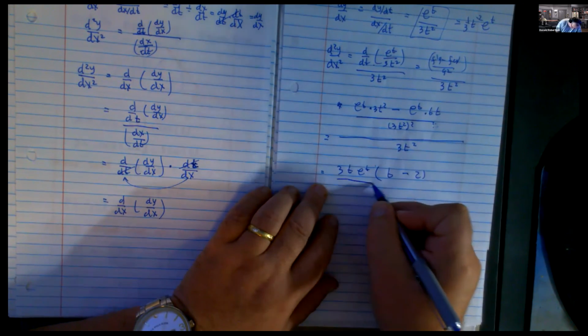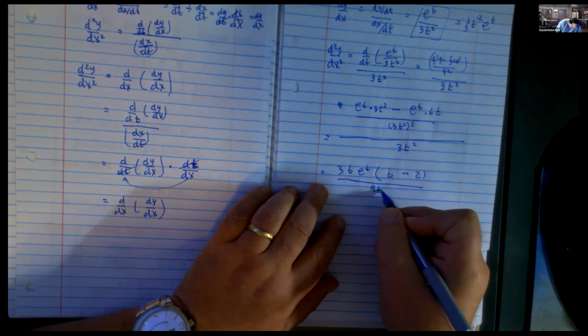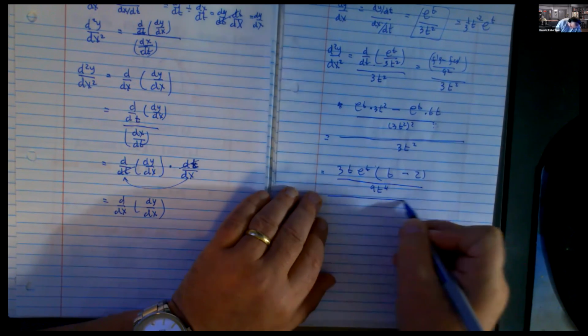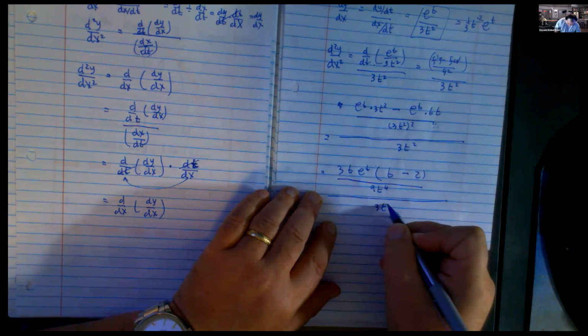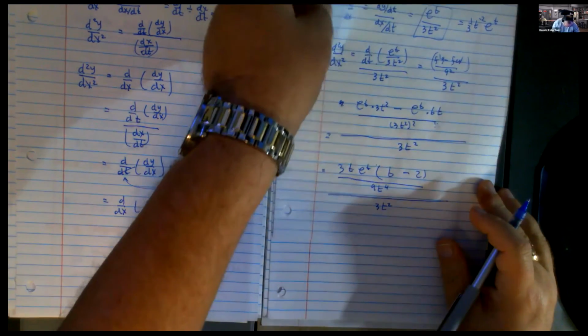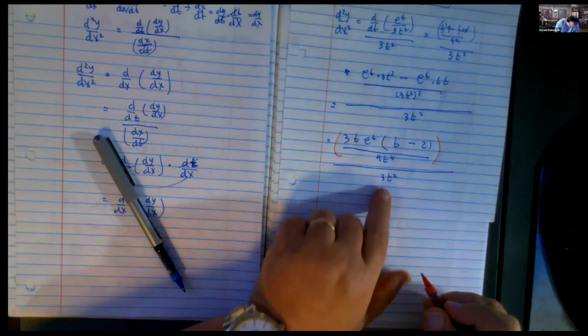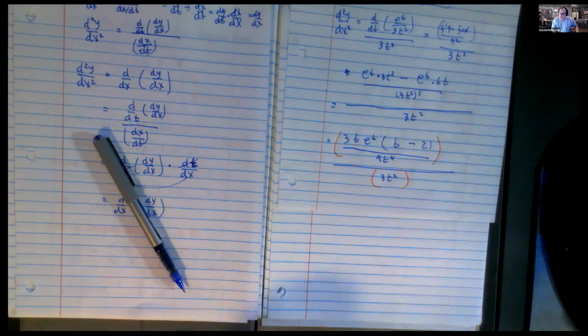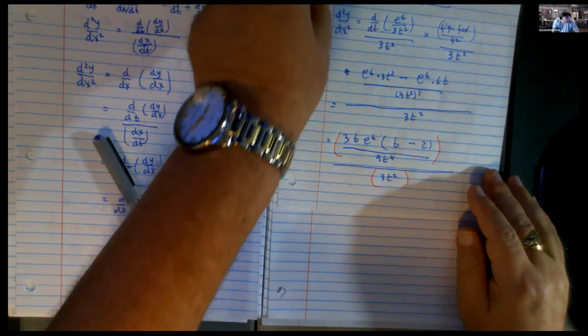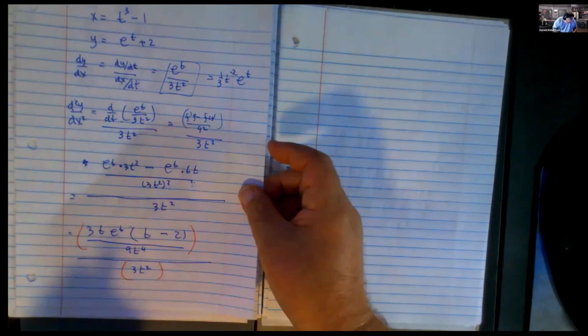And that's going to be over 9t to the 4. And that's going to be divided by 3t squared. So we've got this ugly guy divided by this ugly guy. Algebraically, any suggestions what I could do next to try and make this a little bit nicer?